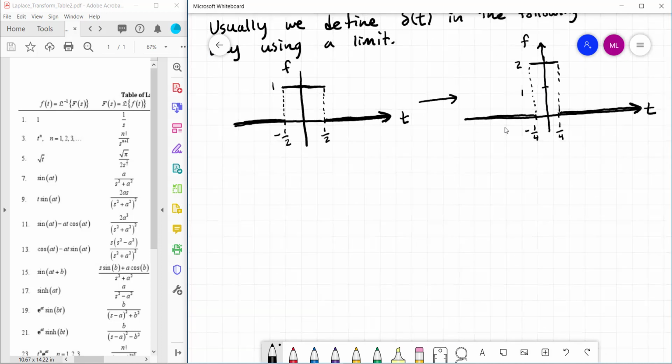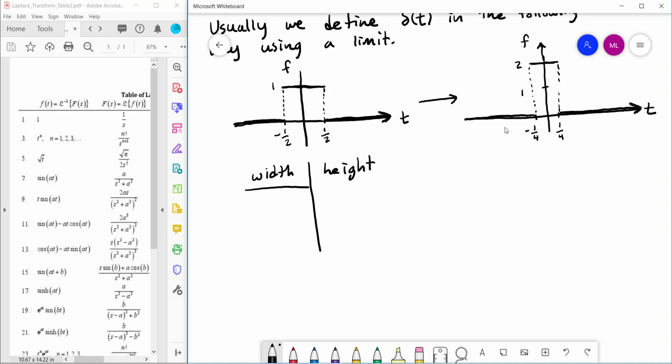So in the first one we looked at, the width was 1, the height was 1, and that gave us an area of 1. In the next one, the width was 1/2, the height was 2, and the area was 1.